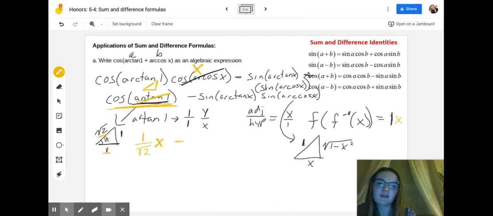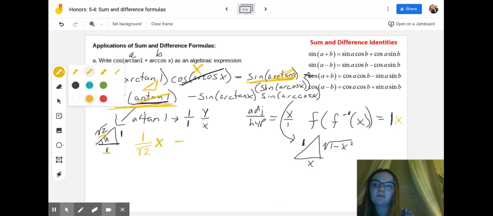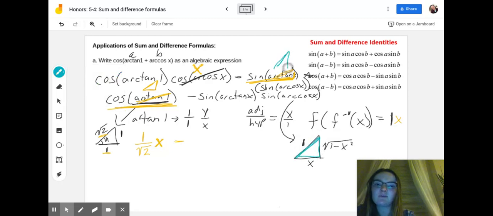minus, okay, sine of the arctangent of x. So I want to know of, not x, of 1. We wrote that wrong. Sine of the arctangent of 1. So really I'm asking, what's the sine of, in fact, let me highlight this triangle in blue. This is asking, what's the sine of the blue triangle? Well, sine is equal to opposite over hypotenuse. That's going to be the same thing as the square root of 1 minus x squared all over 1.